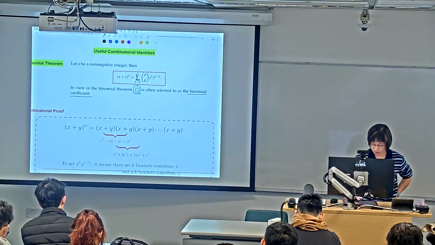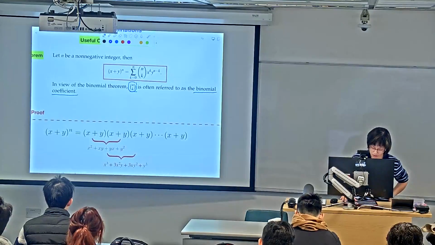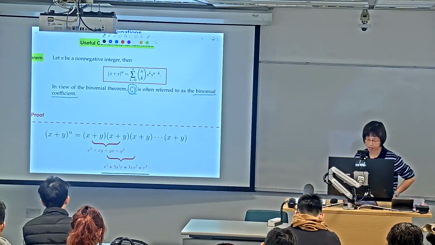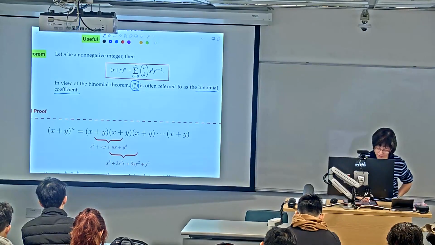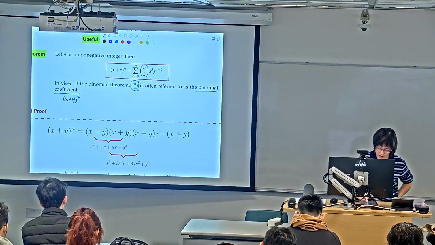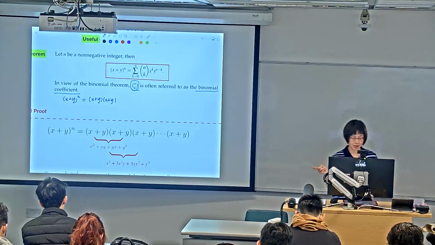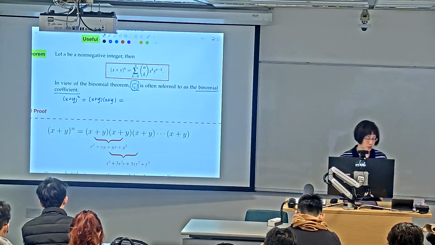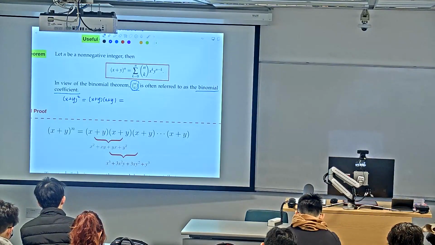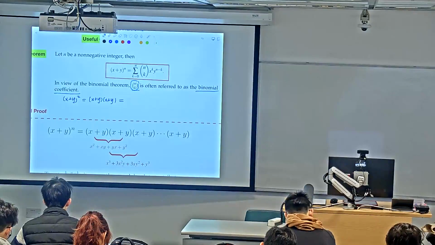Okay, so let's offer a proof for this result. We can always start with the simplest case. We know that (x plus y) squared, this is how you expand it: you write it as (x plus y) times (x plus y). So write it as the product of two brackets, each of them is x plus y. When you expand it, you multiply the atoms contained in each bracket with one another.